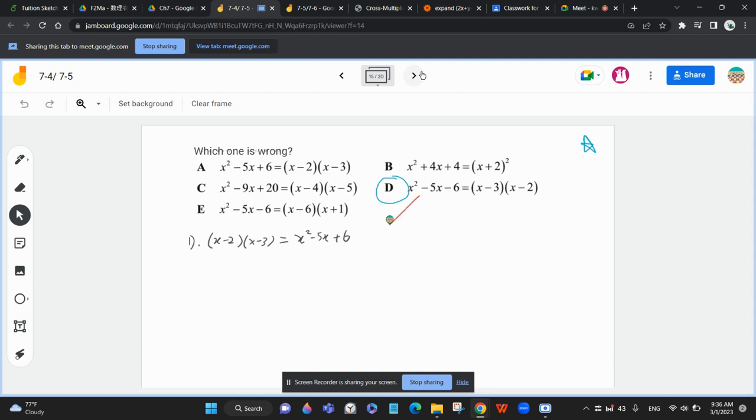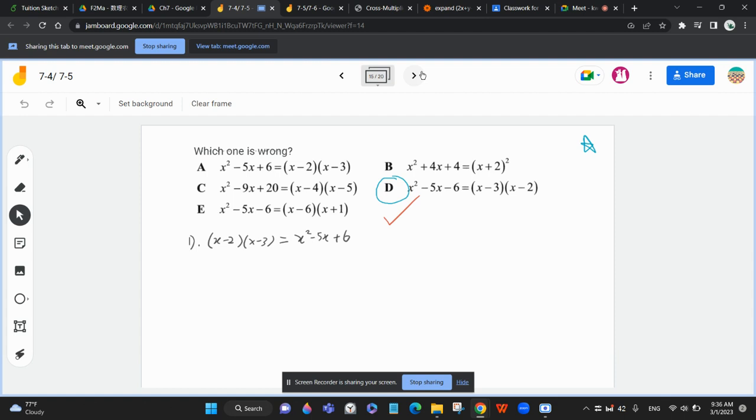So this one actually, I'm not sure why you choose A is wrong, because maybe you can factor the 6 to be 2 and 3, and then you can also think that because it is positive 6, it can be written as negative 2 times negative 3.